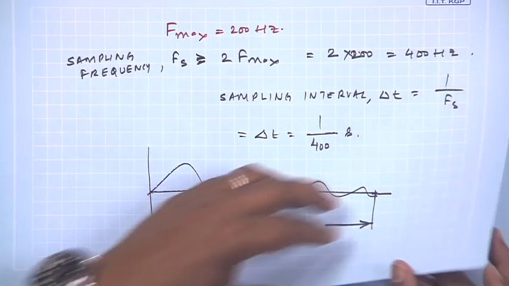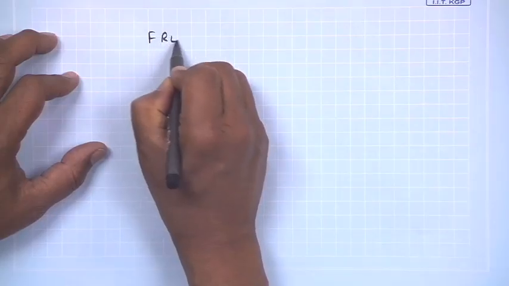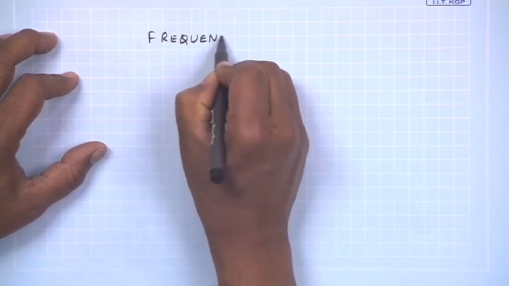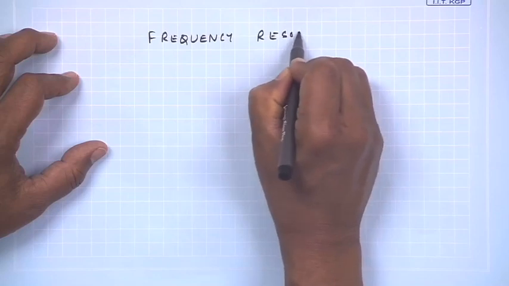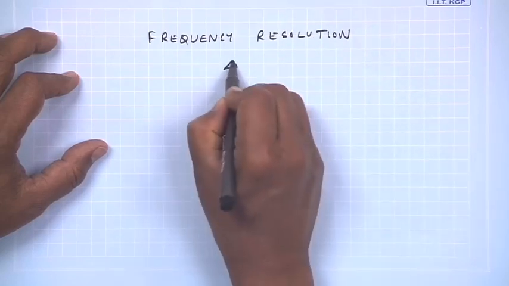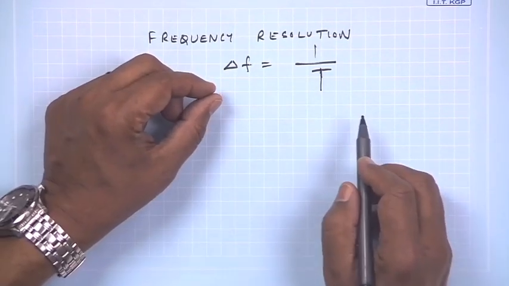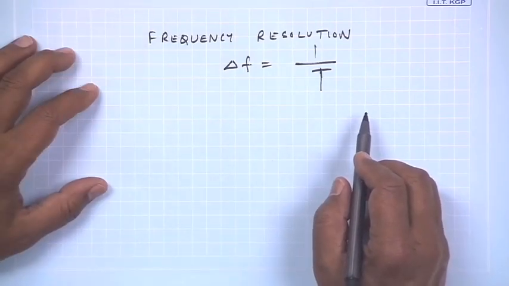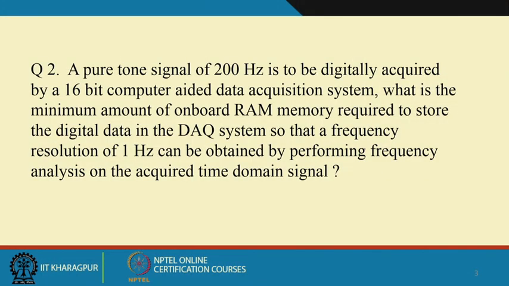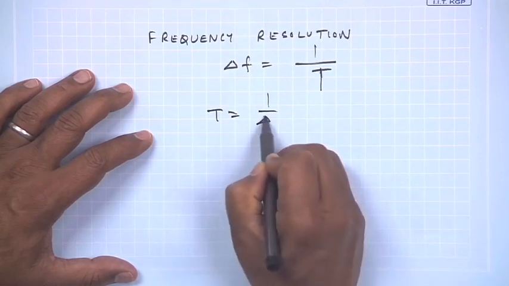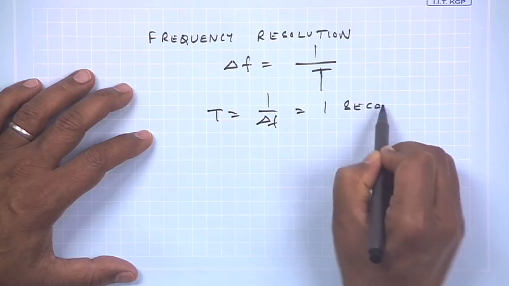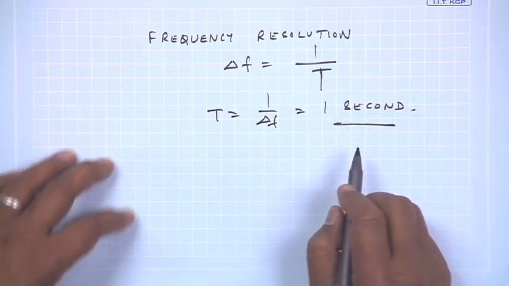Okay. Now, there is a relationship between frequency resolution and total time. Frequency resolution delta f is nothing but 1 by total time. So, if the time is large, my frequency resolution will be smaller, and here we have asked that delta f is 1 hertz. So, T becomes 1 by delta f. So, T is 1 second. So, basically 1 second of data sampled at 400 hertz is what my data acquisition system needs to acquire in one block.